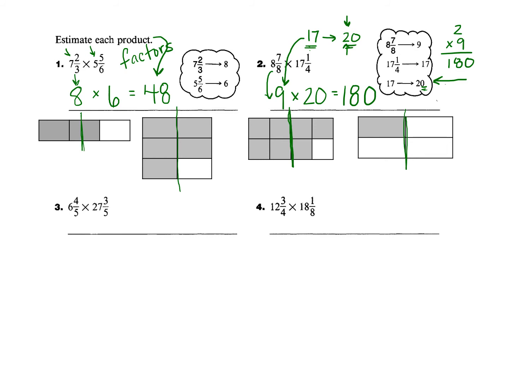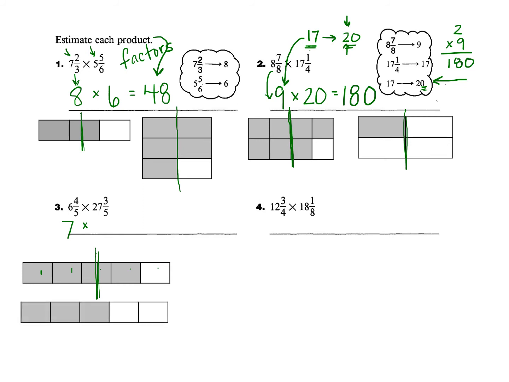All right, so this is 6 4/5. So that's what 4/5 looks like. 1, 2, 3, 4, 5. And half would be here. So this rounds to 7. And then here we have 27 3/5.